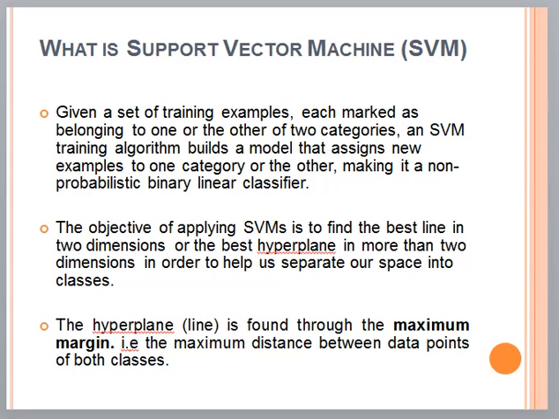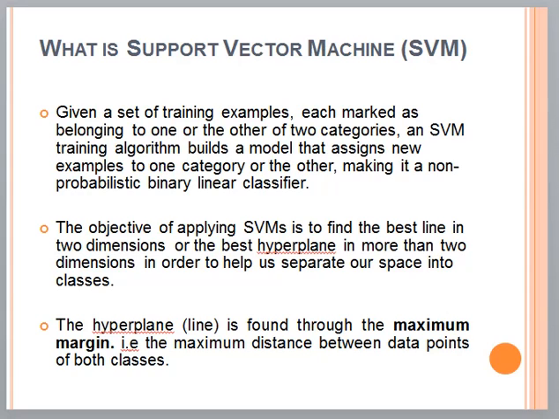And if we go from two-dimensional space to three-dimensional space, we want to have a hyperplane. The purpose of both the line or decision boundary and the hyperplane is the same: we want to separate the instances belonging to different classes into their corresponding classes, right?